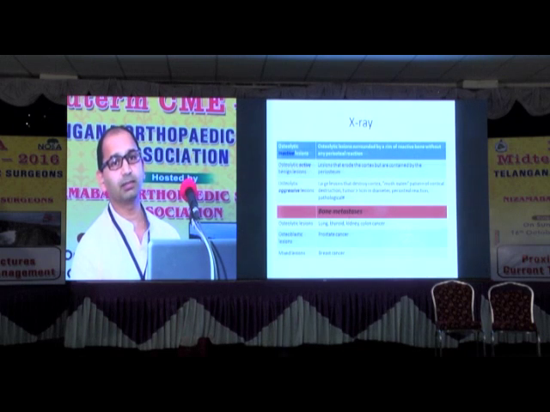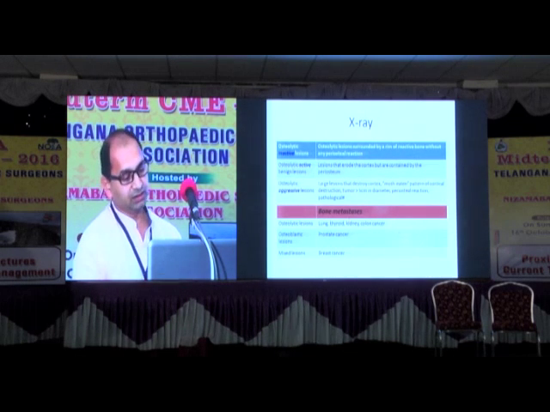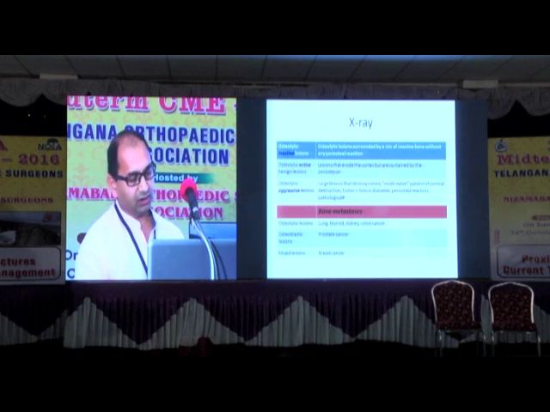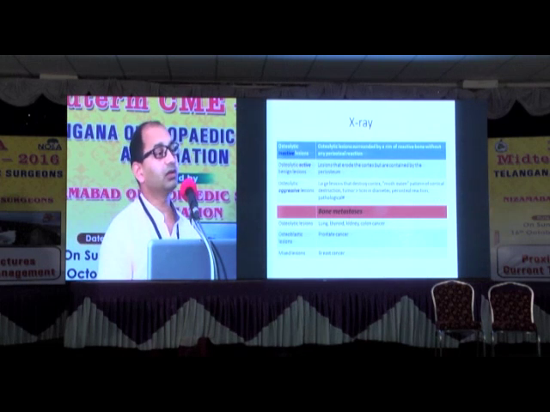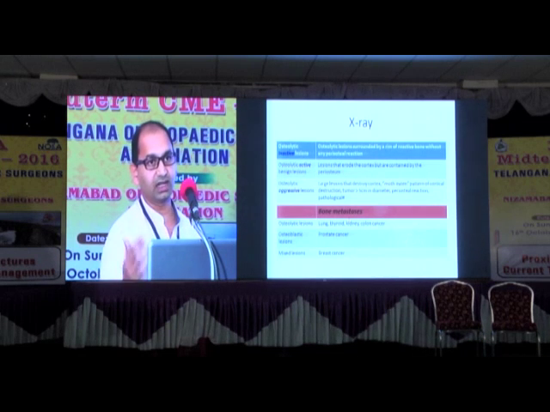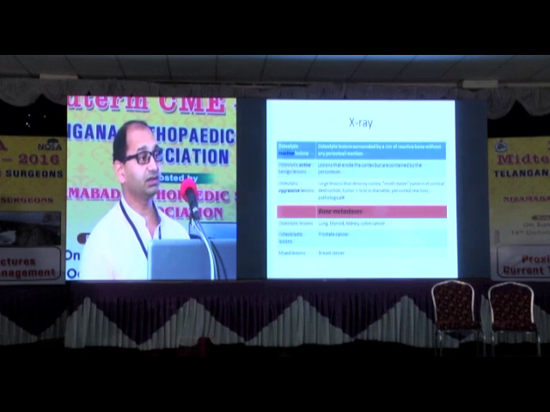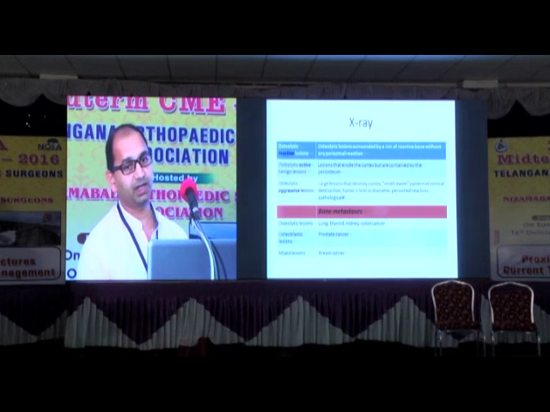There is a moth-eaten pattern, the tumor is more than 5 centimeters, and there is periosteal reaction. You could also see a pathological fracture there. On X-ray, you could also see osteoblastic lesions or a mixed pattern.